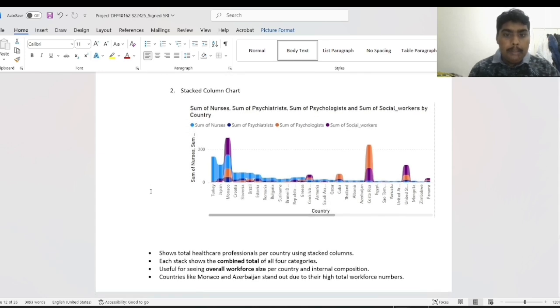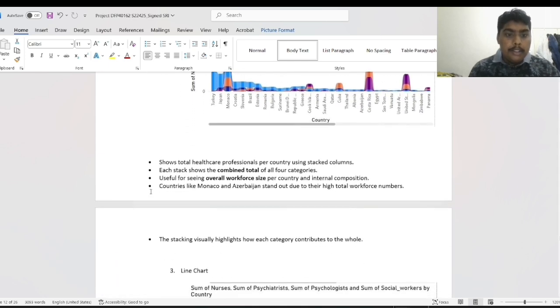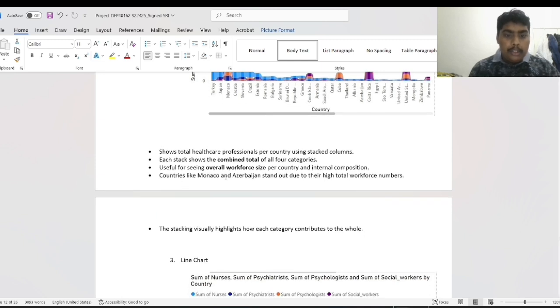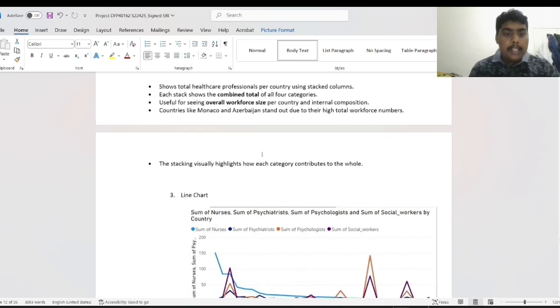Second, the stacked column chart shows total healthcare professionals per country using stacked columns. Each stack shows the combined total of all four categories, useful for seeing overall workforce size per country and internal composition. Countries like Monaco and Azerbaijan stand out due to their high total workforce numbers. The stacking visually highlights how each category contributes to the whole.